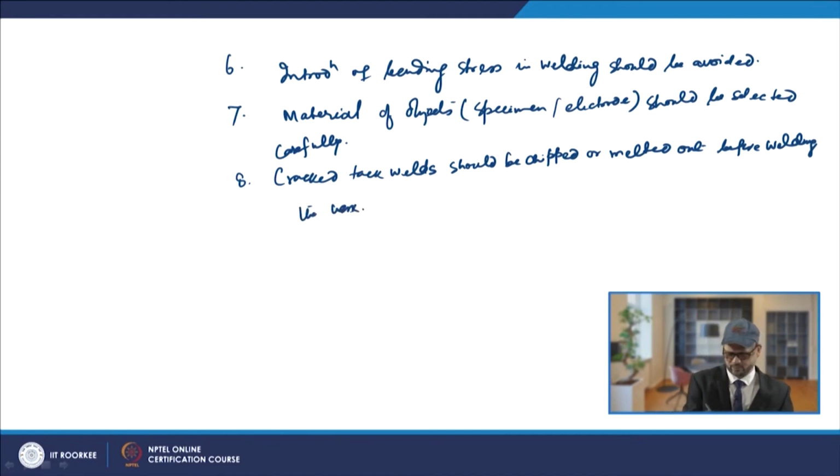Cracks are basically very much a stress raiser, so they should be chipped off or melted, so that there is no crack. If a crack is there, it leads to an increase in the value of the stresses. That is another way of controlling the residual stress values.